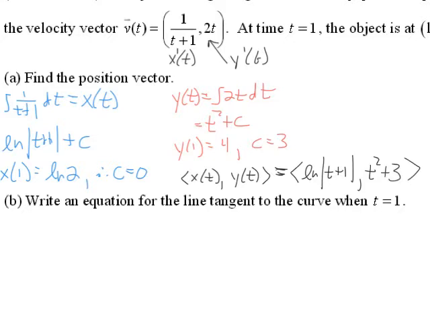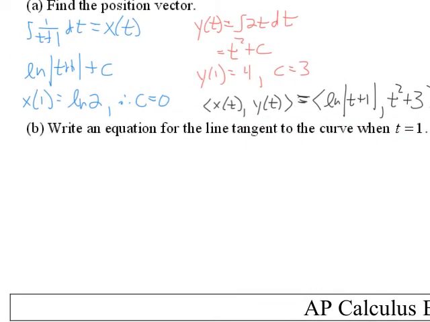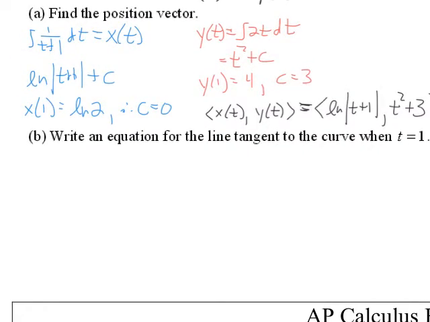Okay, for part B, write an equation for the line tangent to the curve. Well, they give us dy dt and dx dt, so we can find dy dx. dy dx is going to be dy dt divided by dx dt. And that cleans up to 2t times t plus 1.